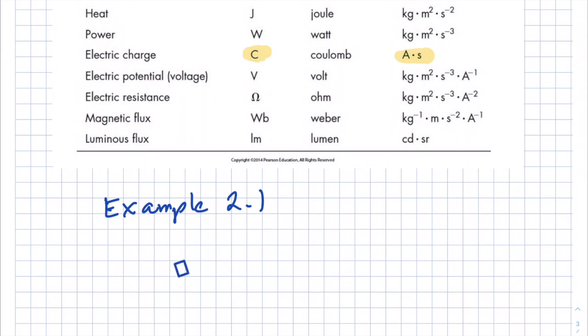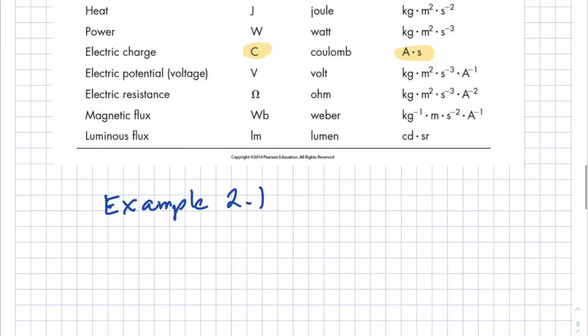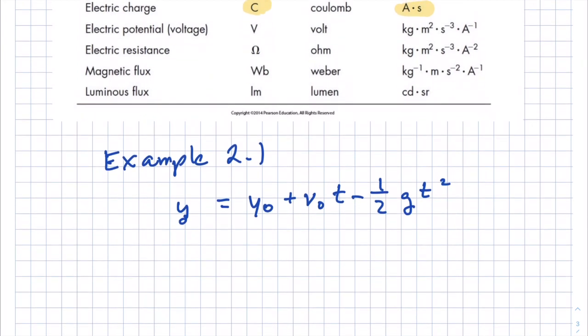The equation in the book is y is equal to y naught plus v naught t minus 1/2 g t squared. What we know is that y is given to be the height of a projectile at time t.